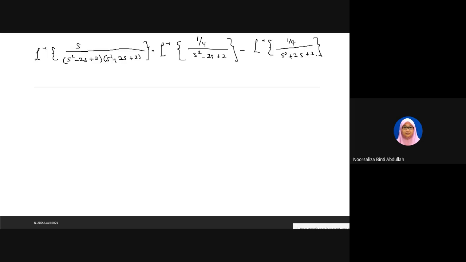Okay, so sama juga dengan 1/4 kita boleh keluarkan. So you have 1/4 inverse. So this one, okay, we can use, awak nak pakai apa?